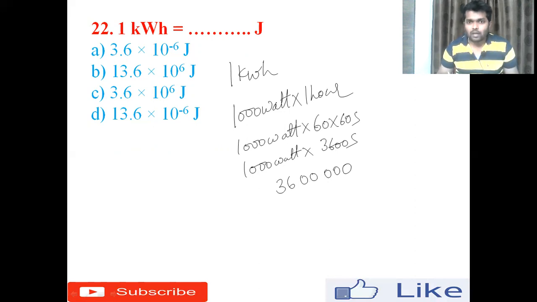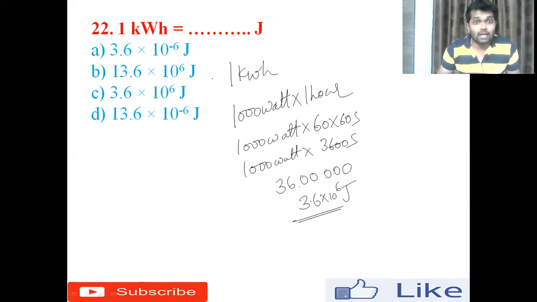Now what will happen? It is very difficult to remember such a long number, so we'll make it short. By putting the decimal point, I will count 1 2 3 4 5 6. So after 6 numbers I'll put the decimal point. So 3.6 into 10 to the power 6 joules.